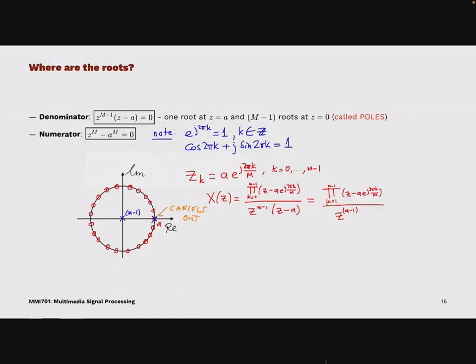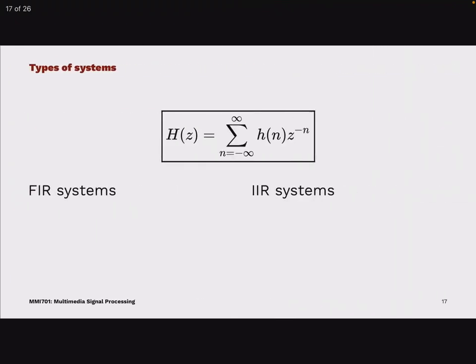Okay, so let's have a look at how we represent system transfer functions in terms of Z transforms. Now, first of all, for any system whose impulse response we know as h of n, as long as the Z transform converges, we can write it in the Z domain in this form. This is just a direct Z transform, right?